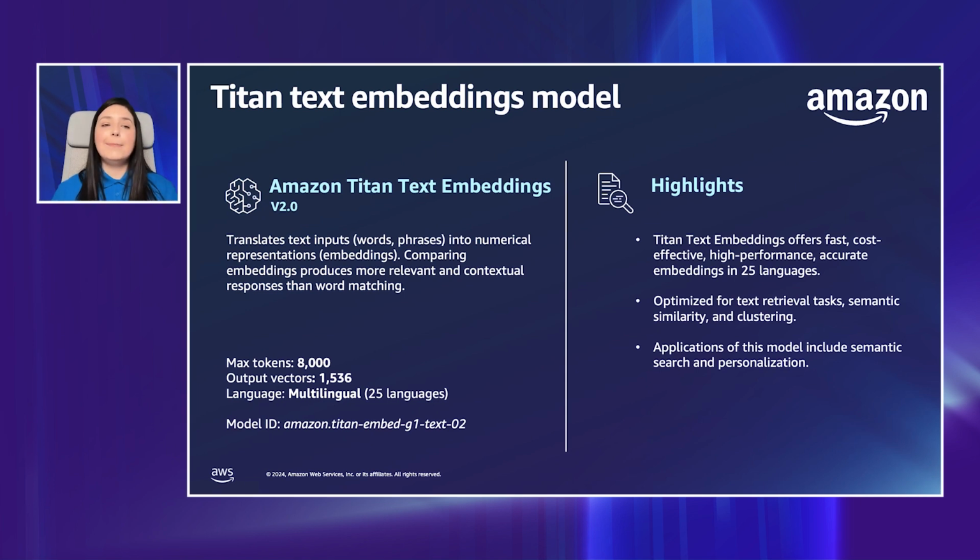And those texts can be in 25 different languages. With that, you can retrieve documents for search use cases, for similarities, for clustering those documents, and you can apply those embeddings to semantic search, to personalization, and so on.